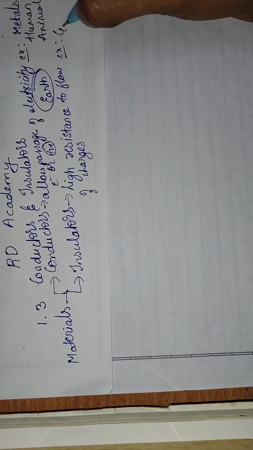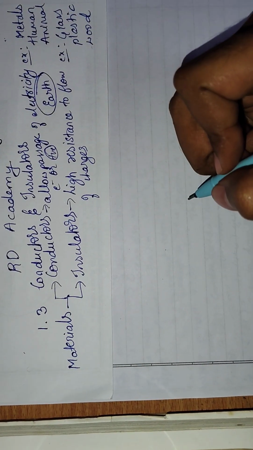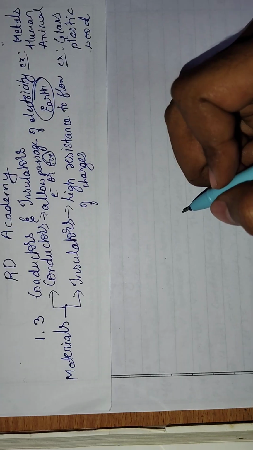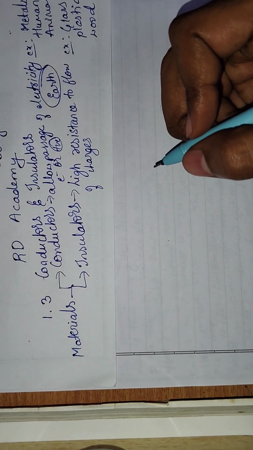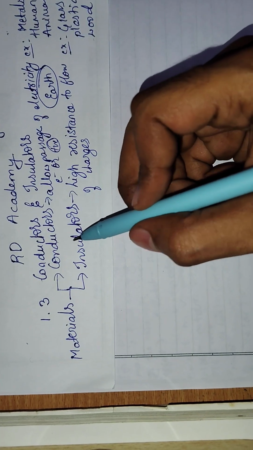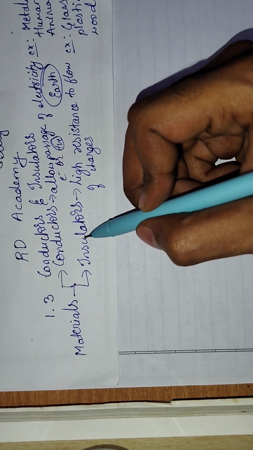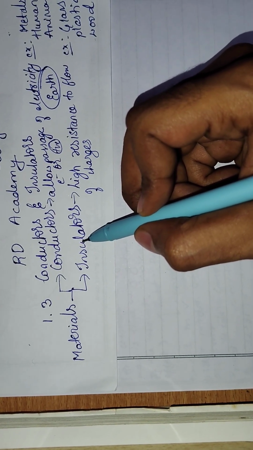Some examples of insulators are glass, plastic, and wood. When you pass current through them, the electrons or charged particles won't pass through them. So these are the two main categories of materials based on the conduction of electricity.